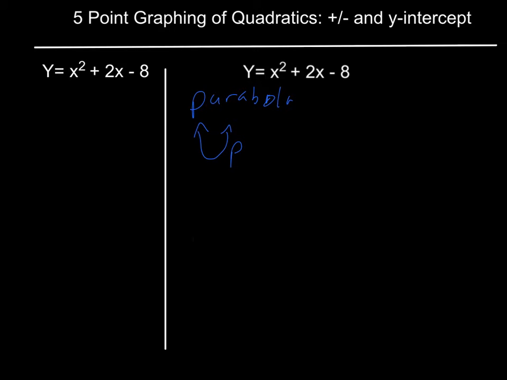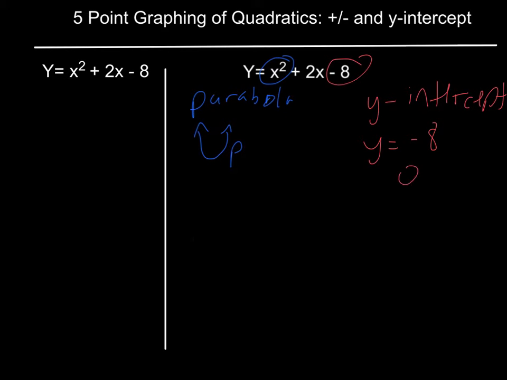That's all I know, all of that because of that x squared. And then the other thing that I know is that this right here is where it crosses my y-axis. So this is my y-intercept, where y equals -8, or it's the point (0, -8).